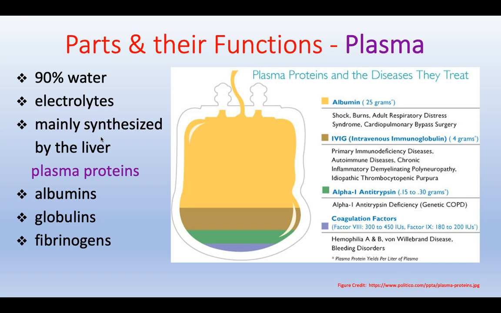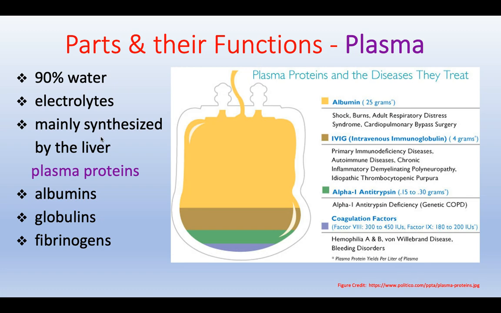Let's go through each part of the blood one by one, and we're going to begin with the plasma. The plasma is the watery part of our blood, 90% water, that absorbs and distributes molecules. It carries inorganic molecules, specifically electrolytes, the most important ones being sodium and chlorine, but also bicarbonate, potassium, calcium, and other ions.